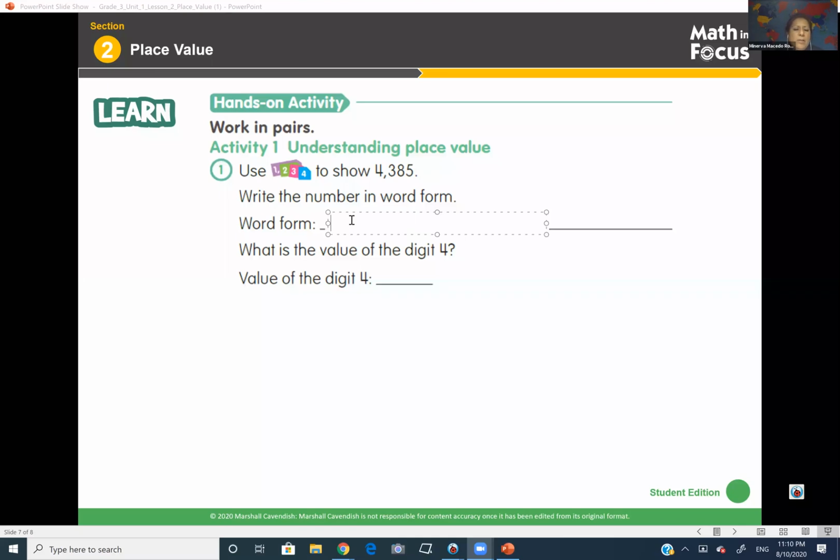Now this is another way to represent the same number. So we have here what we were saying before, which is we have the number 4,385. We write it in the word form. So let's type it there. The word form we said is 4,000 385.